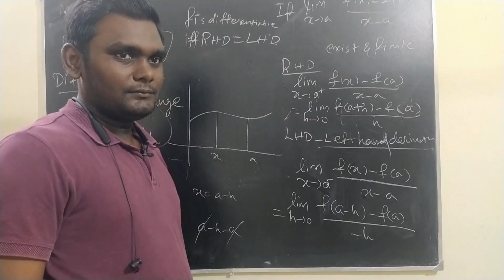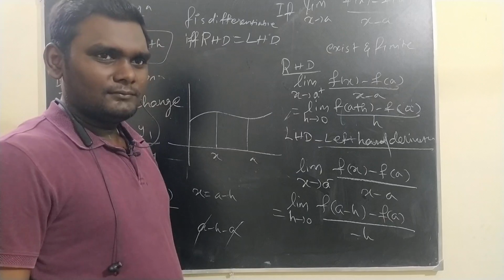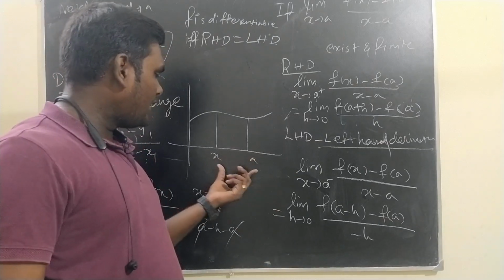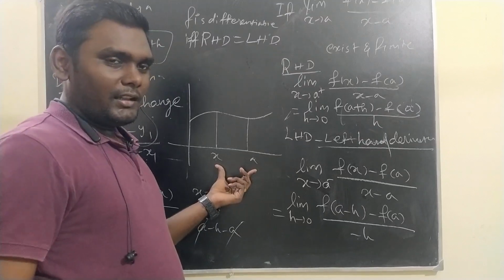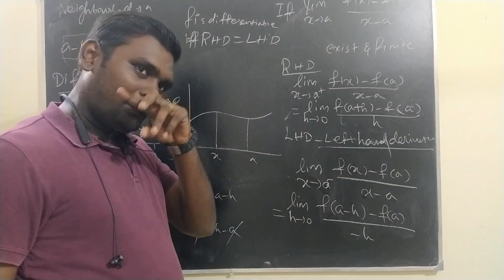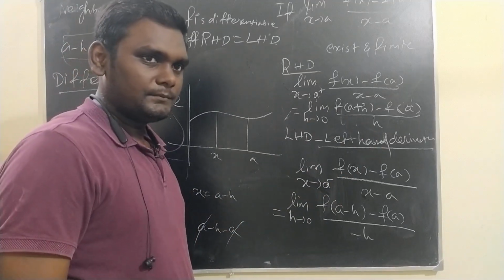We need to calculate. How do we calculate? There are ups and downs. Change means end point minus starting point, right?